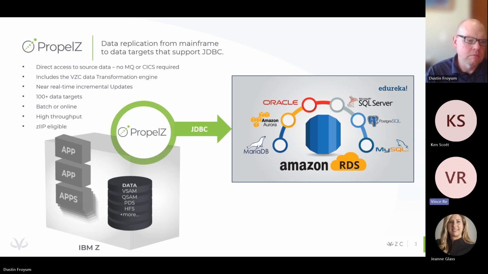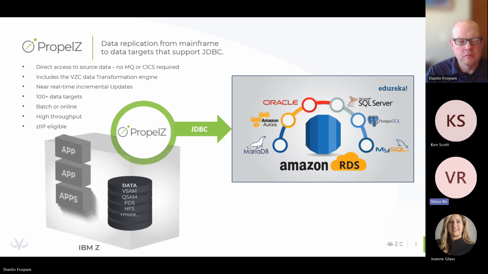So one of the keys here is we're talking directly to the target database, so that makes it fast. That makes it super high performance. It's not like some of the other solutions we look at where there are middle tiers involved, where you take your mainframe data, put it somewhere else, then you have another application that operates against the data and figures out how to get it into the target database.